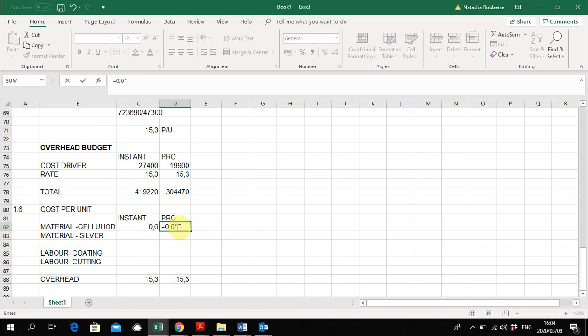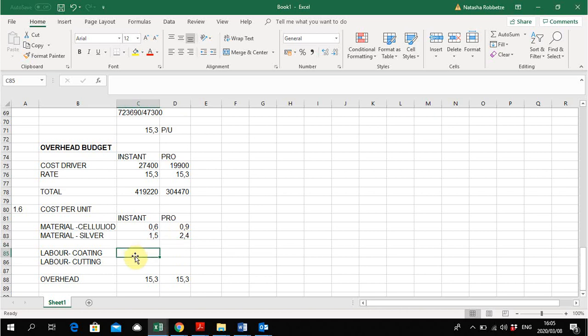And again, the celluloid is 1.50 Rand per kilogram. For the silver, it is 0.25 kilograms for the Instant Image, and the silver price is 6 Rand. For the Pro, it is 0.4 kilograms, and the price is 6 Rand per kilogram.